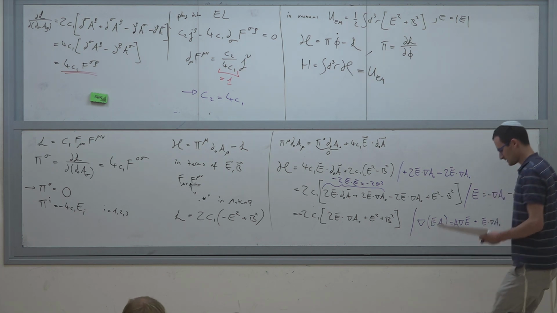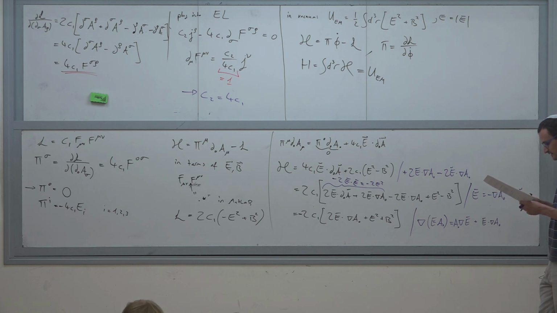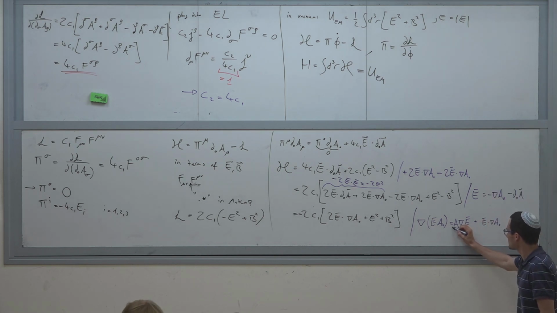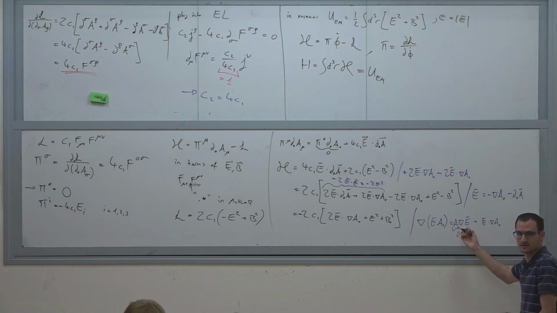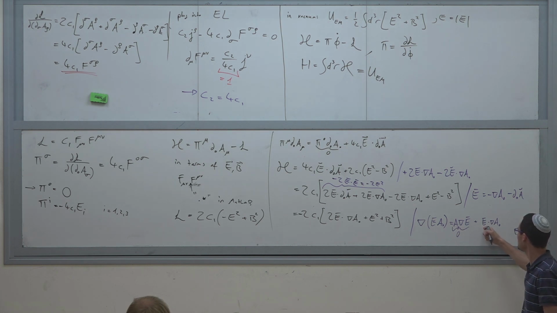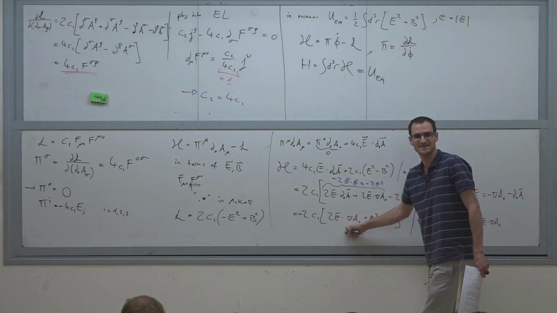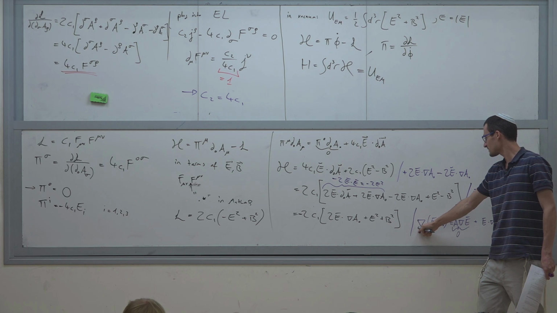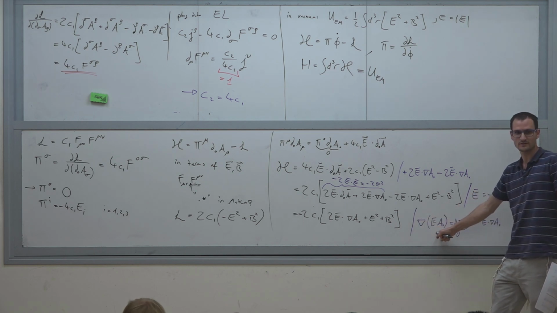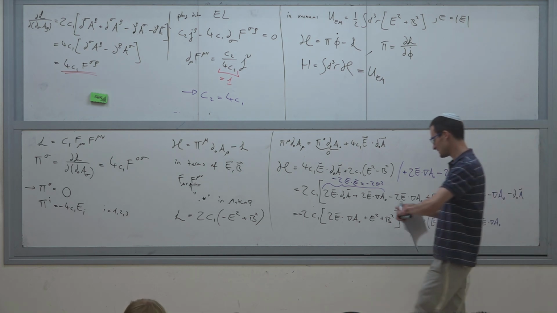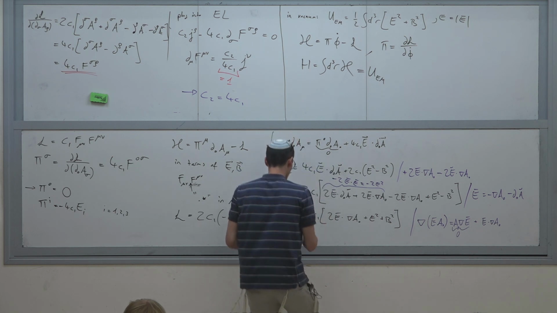That's just the derivative of a product. But of course, div E is equal to 0 because we're in vacuum, it's equal to the charge density, which is 0. So you see that E dot grad A0, which is exactly this term, is just the divergence of the product. It's the same thing. We're almost done, I promise.